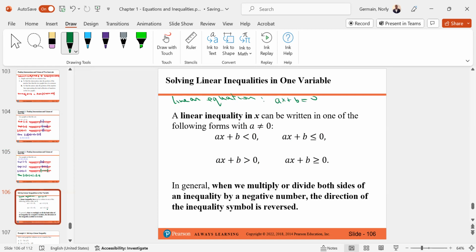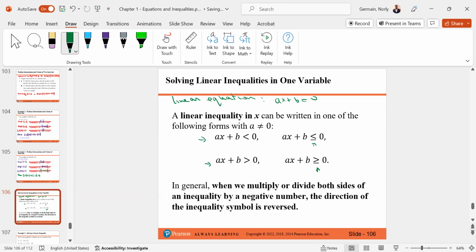But a linear inequality can be written in one of the following forms. Remember, a cannot be equal to 0. You can either have ax + b < 0, ax + b > 0, or ax + b ≤ 0, or ≥ 0. In general, you can try many examples and solve, which is very helpful.